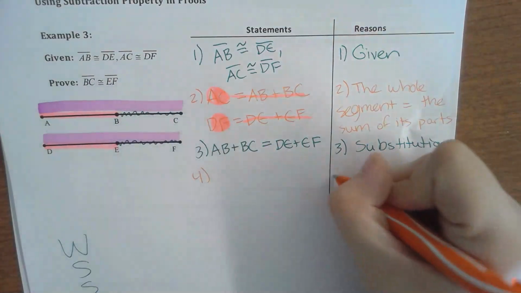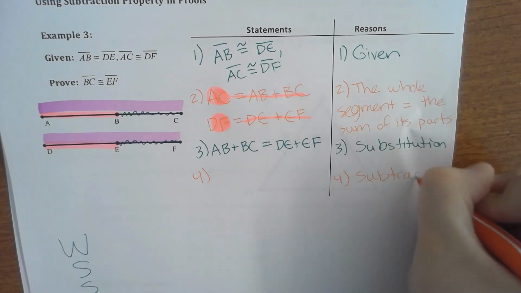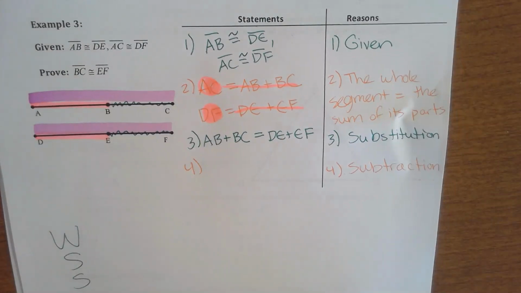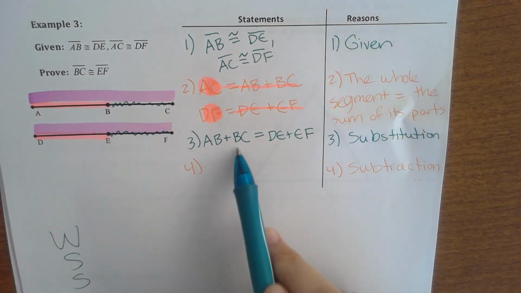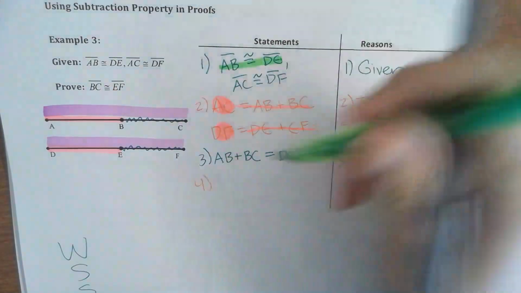Step 4 is another S. Well, it's a subtraction proof. That's got to come in somewhere. Step 4 is subtraction. Subtraction works when we take things away and get equal things. So if I look at this last step, I know from the givens that AB and DE are equal.